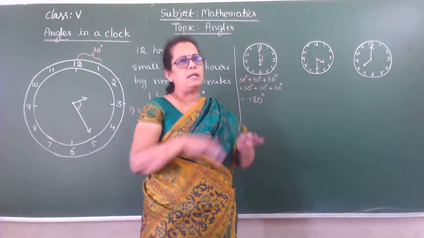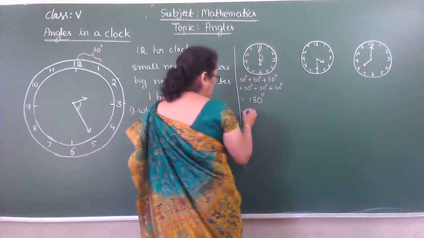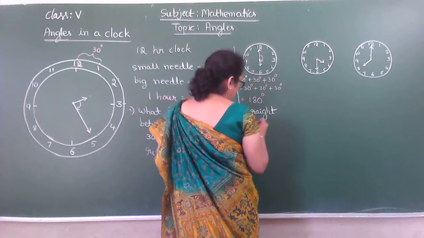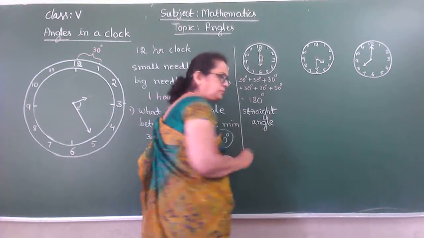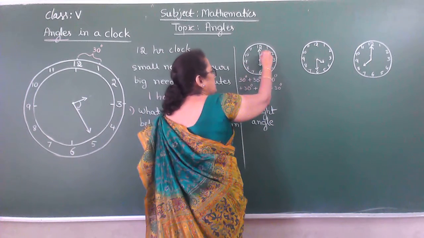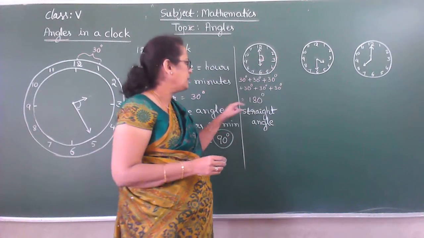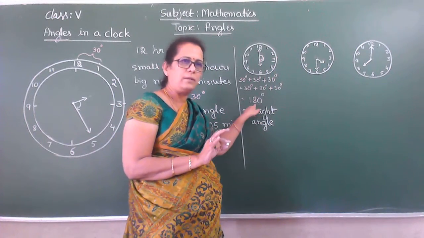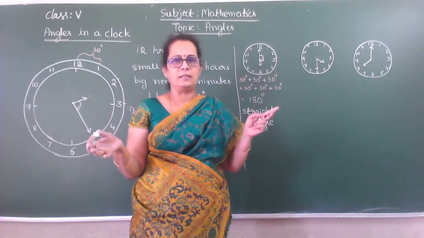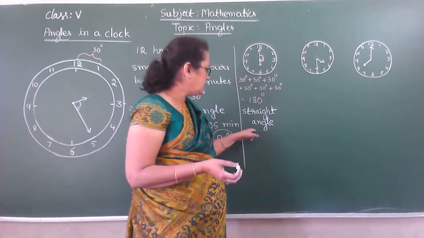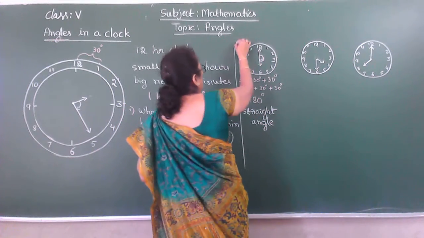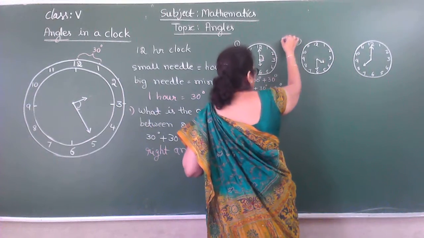If the angle is exactly 180, then we call this angle as straight angle. We call it as straight angle. Is it understood, children? When we count each one as 30 degree, the angle at 6 o'clock is 180. Okay? That is 180. We studied in the last class, if it is 180 degree, which type of angle is it? It is straight angle, right? Okay, so we did the first clock. So we'll do second clock.